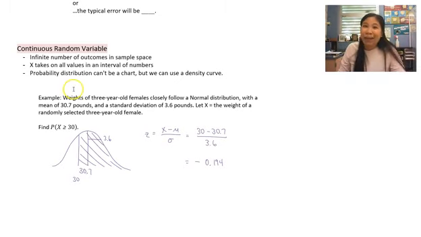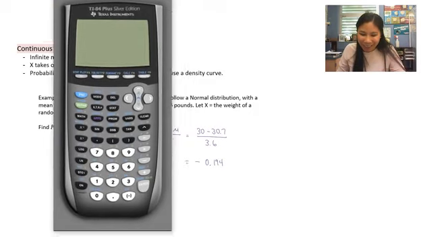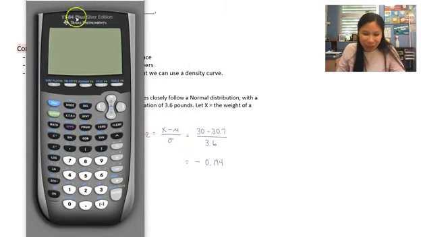At this point, I am also ready to show you the shortcut on finding normal curve probabilities in the calculator. I've withheld so many secrets up until now. On the graphing calculator, there is a function for this. Let me turn it on first. If you go into second bars, number 2, normal CDF.